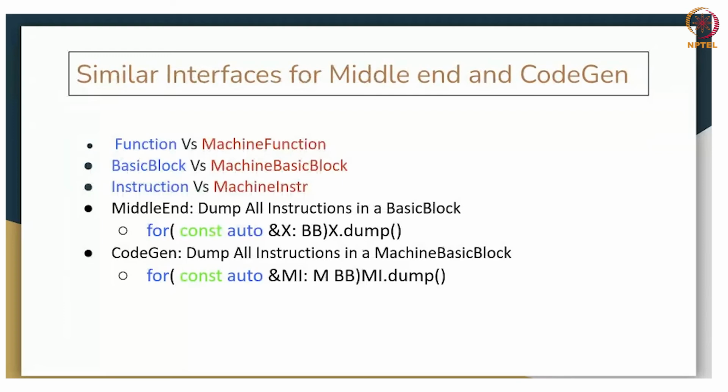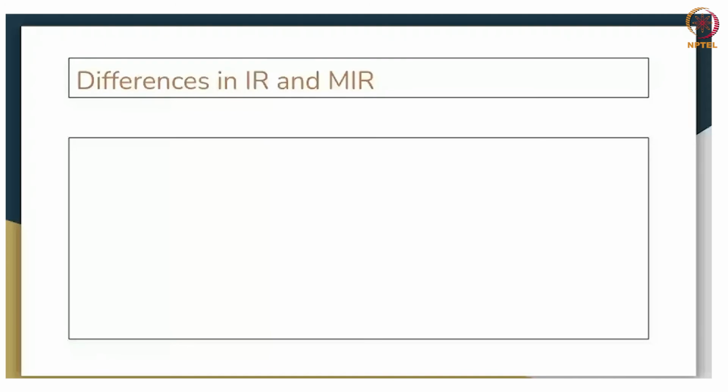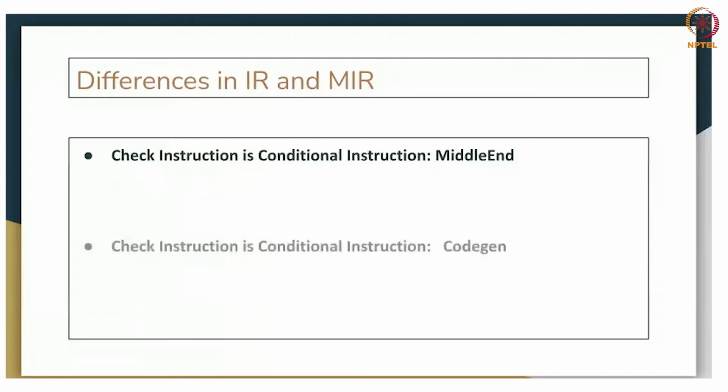With respect to writing a backend pass, it is similar to a middle end pass. But for each target the code will be different, and the instructions will be different. That has to be informed through the TargetTransformInfo class and target specific classes. In the passes, you can use the APIs available in those target specific classes to get details. There are differences between IR and MIR: for example, to check whether an instruction is a conditional instruction, it is done differently in a middle end pass and in a code gen pass.